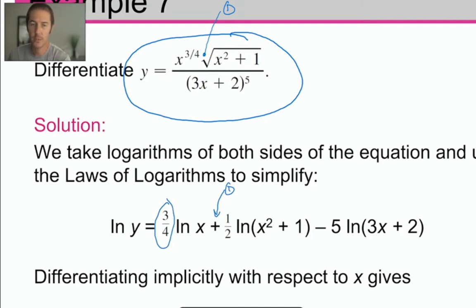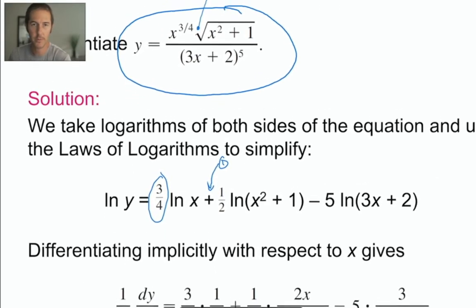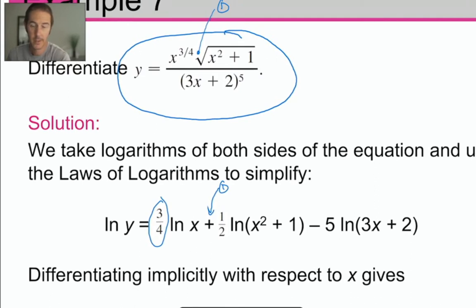If you need to be refamiliarized with those, please look up the power rule, product rule, and quotient rule for logarithms. It goes back into an algebra class. You should be able to find videos and examples of that kind of stuff. I'm sure that on my channel somewhere, I have examples of that also. I've just created over 100 videos recently, so I just can't keep them straight anymore.